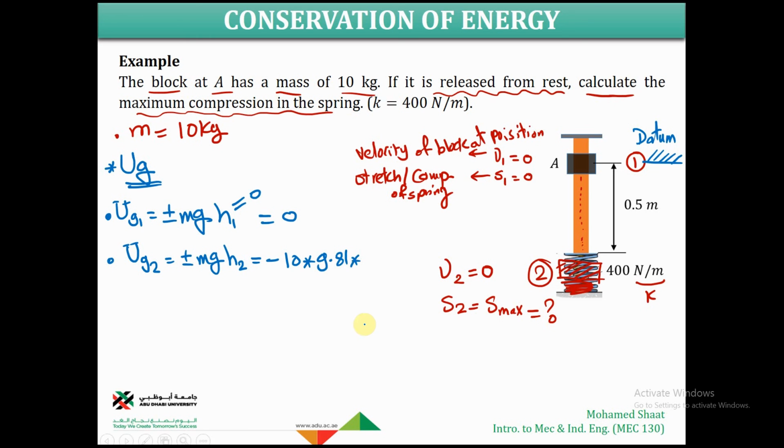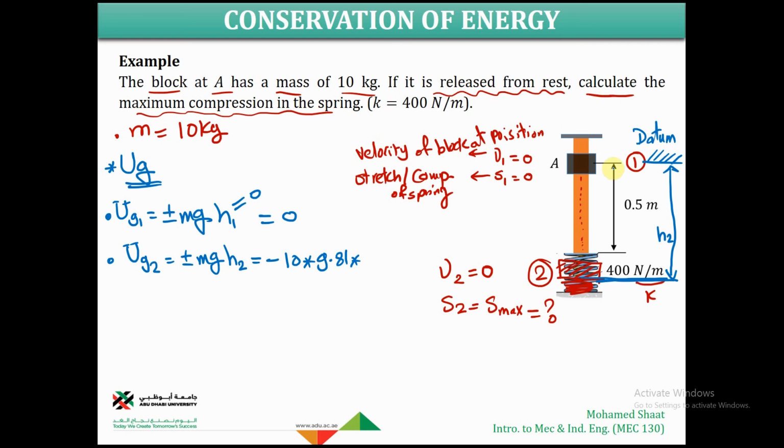h2 should be the height, or the vertical distance, of the object at position 2 from the datum. So how much is the distance from position 2, which should be here, to the datum? How much is this height? This should give us h2. As you can see, the distance is 0.5 meter.